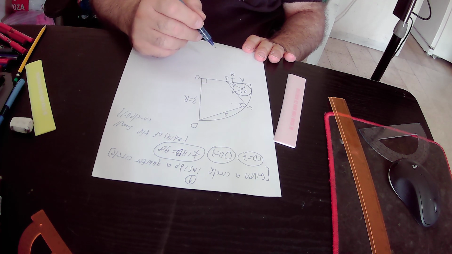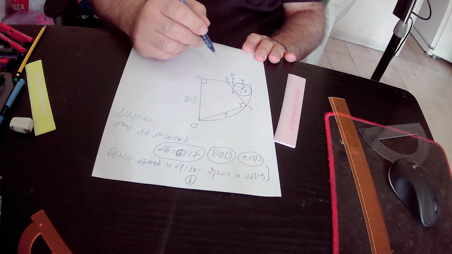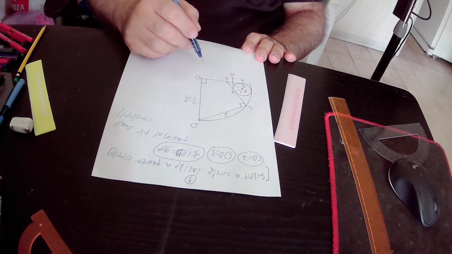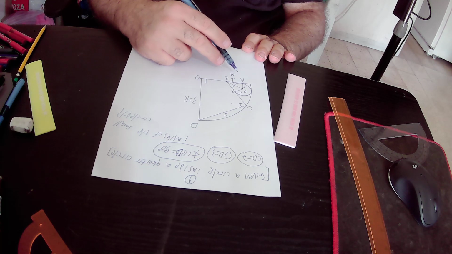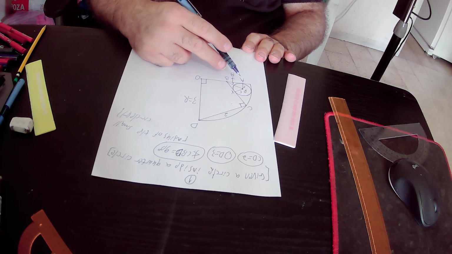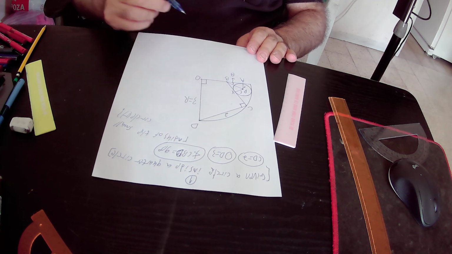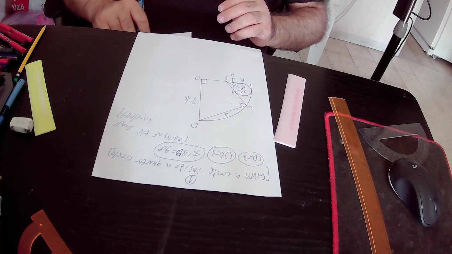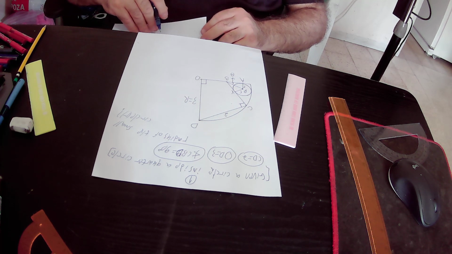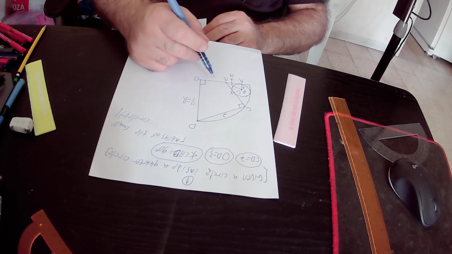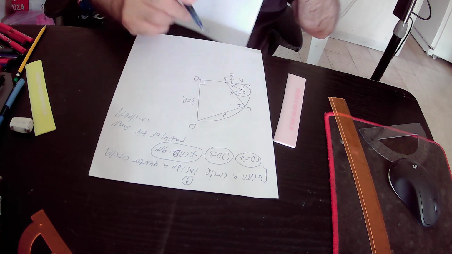Actually, OA is tangent to the small circle and AP is the radius. The radius and the tangent to the radius are perpendicular to each other.